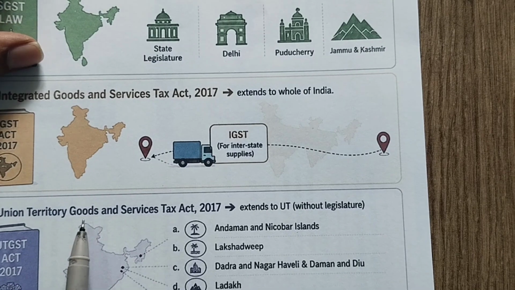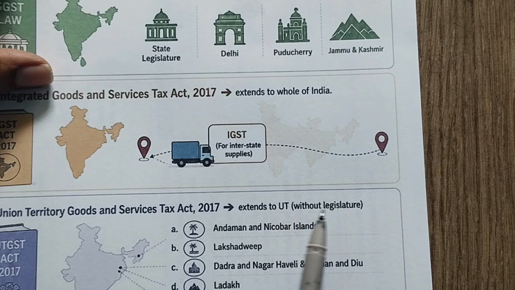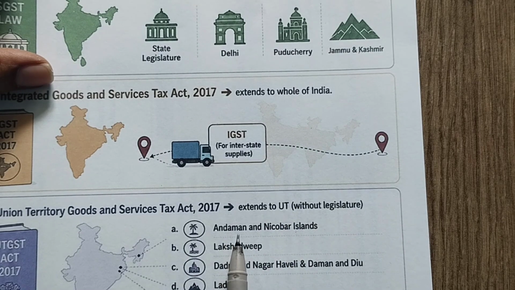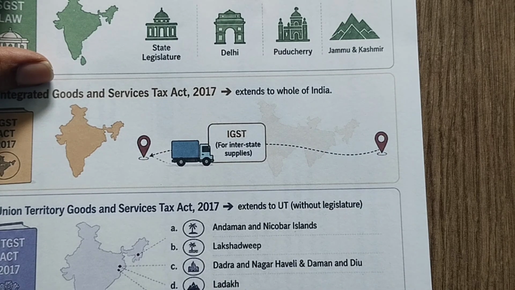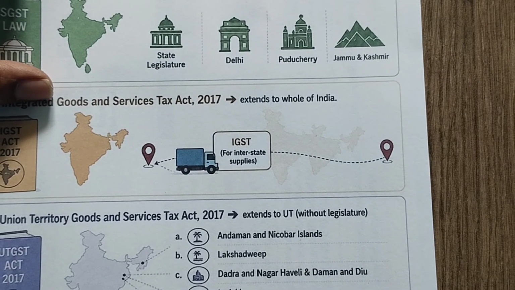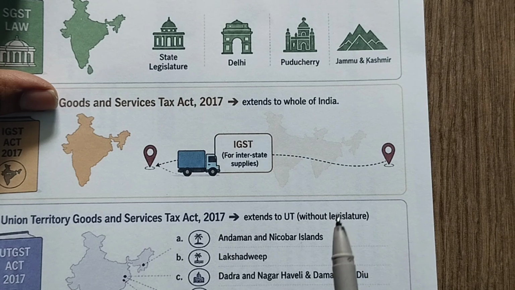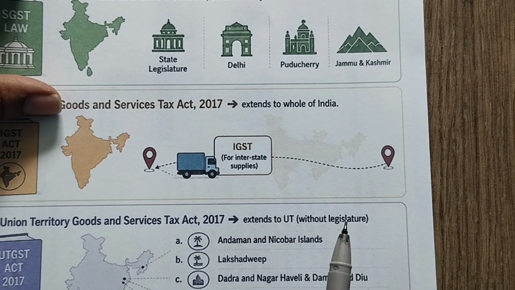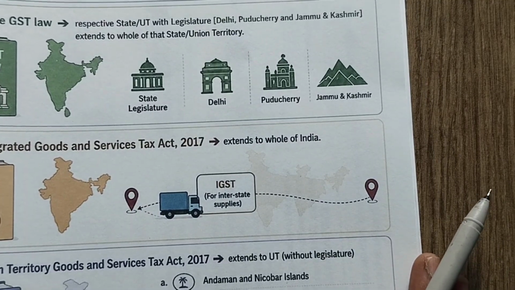The Union Territory Goods and Services Tax Act 2017 extends to all UTs without legislature: Andaman and Nicobar Islands, Lakshadweep, Dadra and Nagar Haveli and Daman and Diu, Ladakh, Chandigarh, and other territories. And these laws together constitute the foundation of the GST regime. This ensures uniformity, seamless taxation, and a common national market across India.